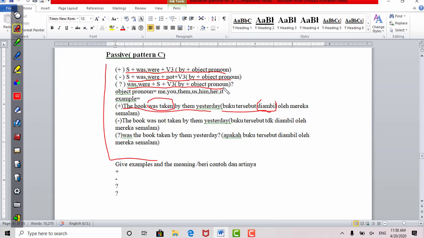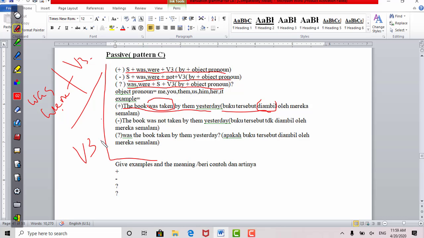So you will use was and were, plus verb 3 over here. When you talk about pattern C, you will use verb 3.